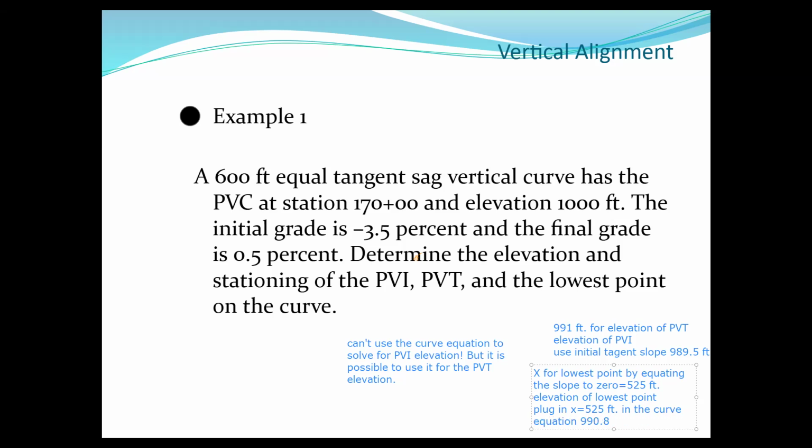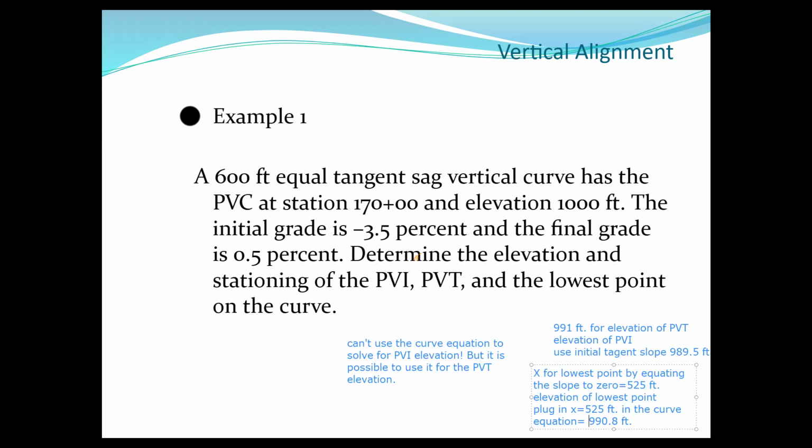990.8 feet could be right. What was the elevation of PVI? 989. Yeah, that could be right. Right, so it should be correct. 990.8 feet. That makes sense to me.